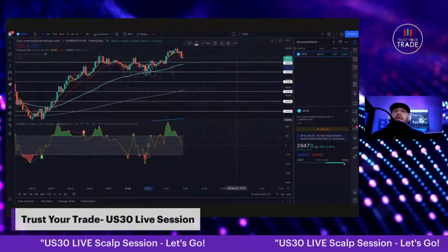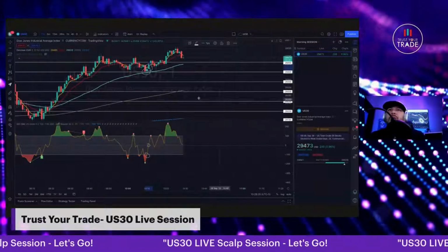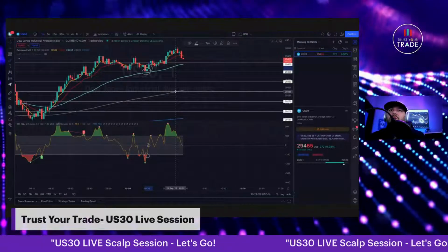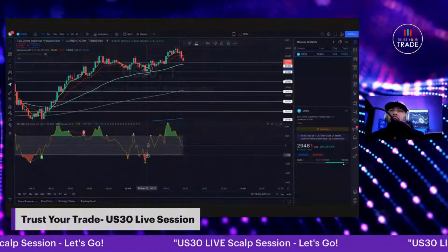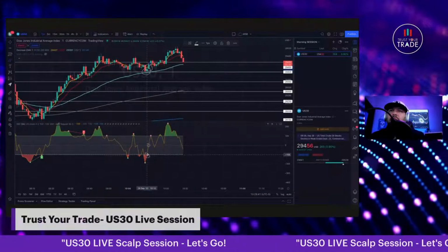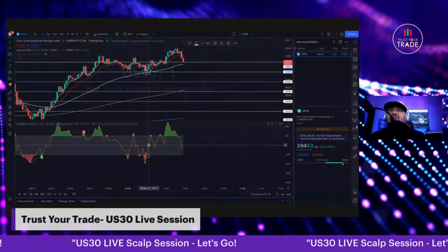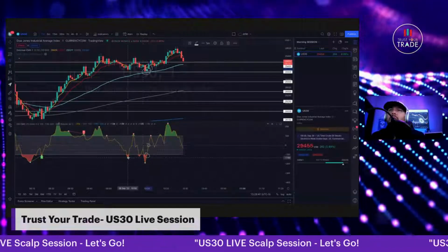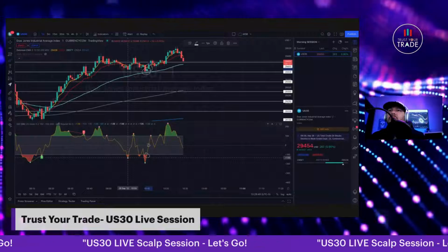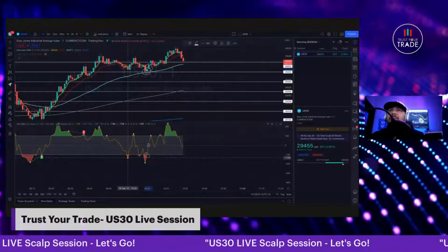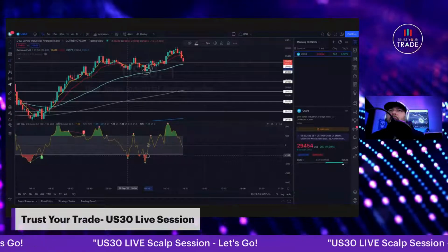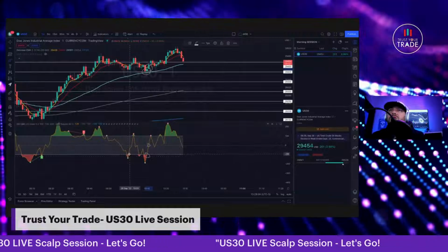So again, if we're above the 200, entry, close of that candle, entry, close of that candle. Go back test it. Look at that.